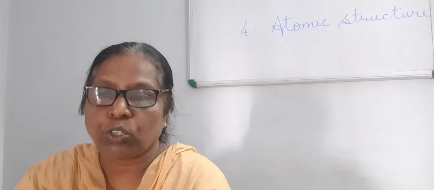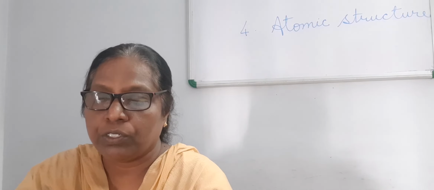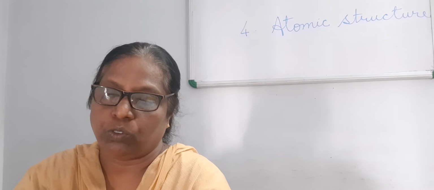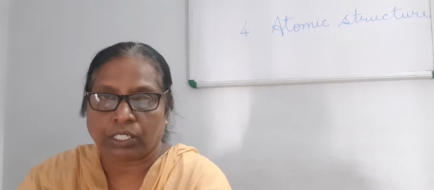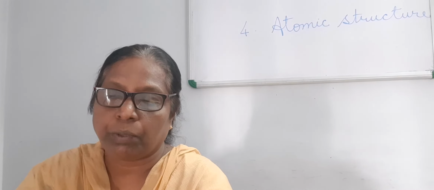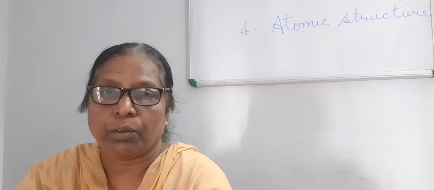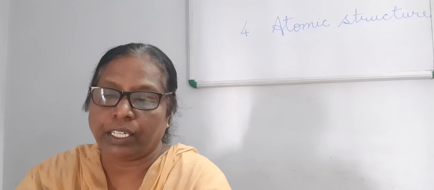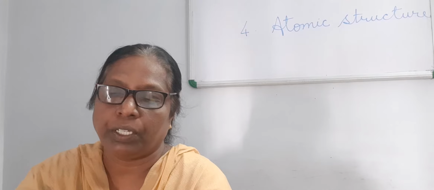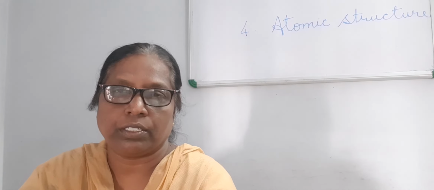Now there is some drawback, limitation in Rutherford's model of atom also. What is the shortcoming? Rutherford's model failed to explain the stability of the atom, and Niels Bohr pointed out that Rutherford's atom should be highly unstable due to continuous loss of energy.